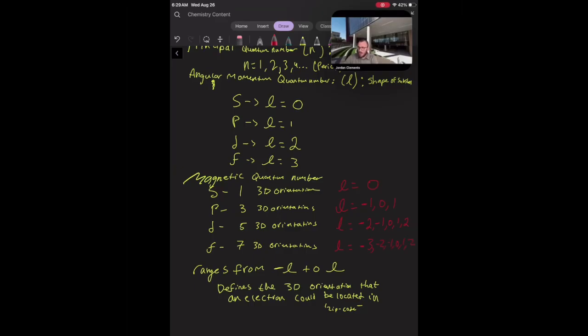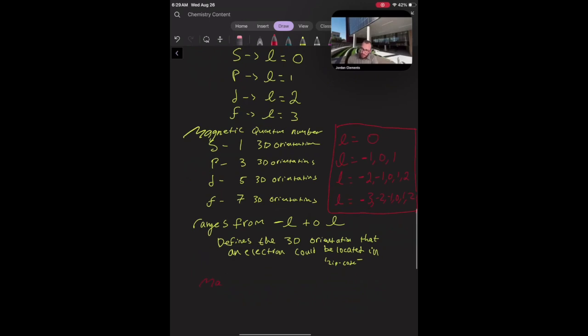So we take that, and this is going to define the magnetic quantum number, which is notated as m sub l.